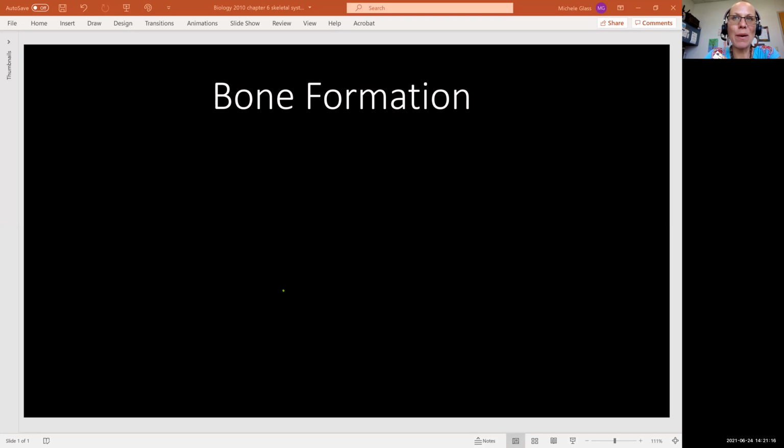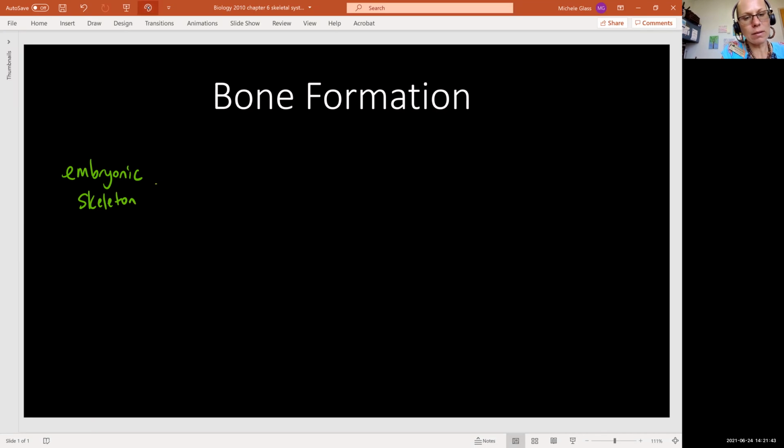We're talking here about bone formation. We're talking about the OG of bone formation, right? So we're talking about during our fetal development. We're going to get what we can refer to here as an embryonic skeleton forming.